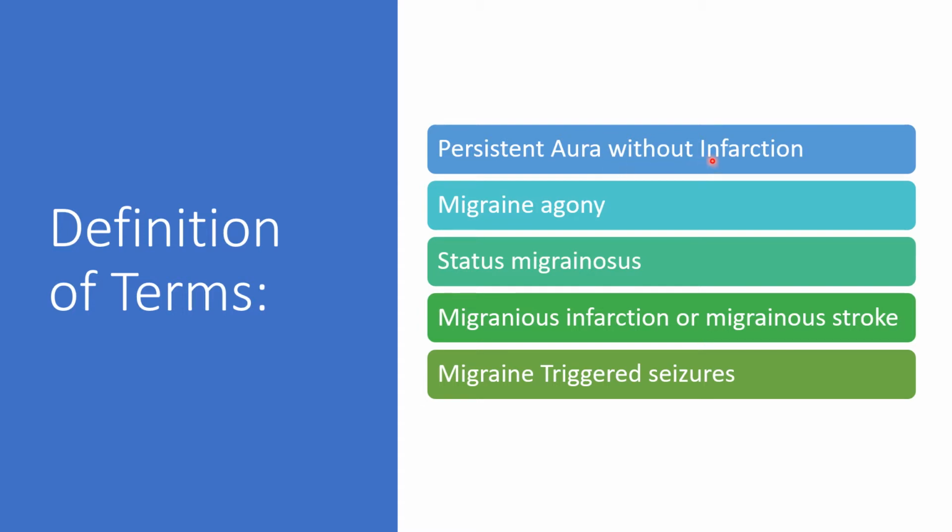Persistent aura without infarction. From this simple English word, persistent means is there continuously, but when we're using that with aura without infarction, what we meant is simple, and that is there is aura that is lasting for months or years, but without infarction means without stroke.